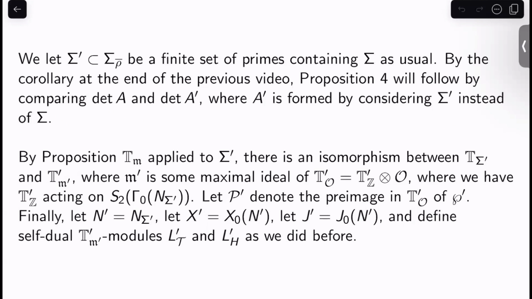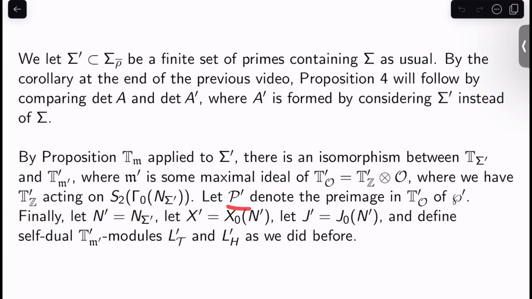By proposition T sub m applied to sigma prime, there's an isomorphism between T sub sigma prime and T prime sub m prime, where m prime is some maximal ideal of T prime sub O, which is T prime sub Z tensored up to O, where we have T prime sub Z acting on S2 gamma 0 n sub sigma prime.